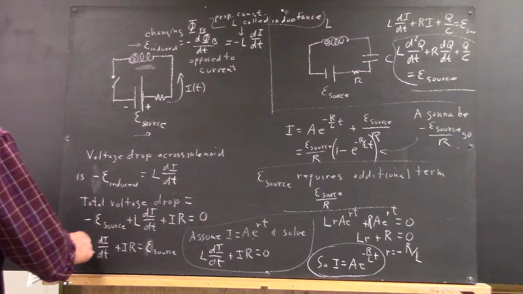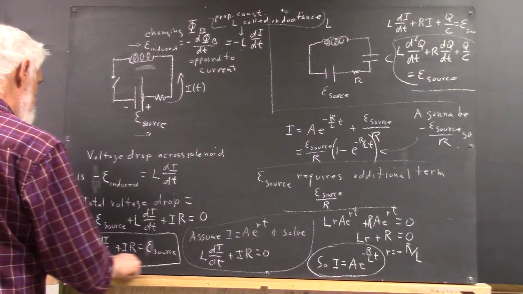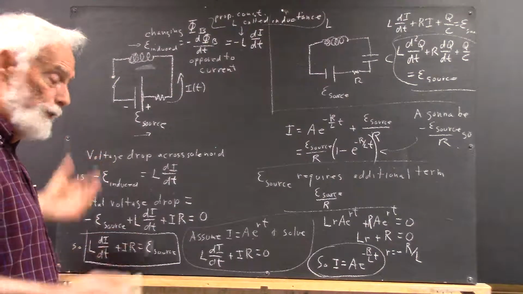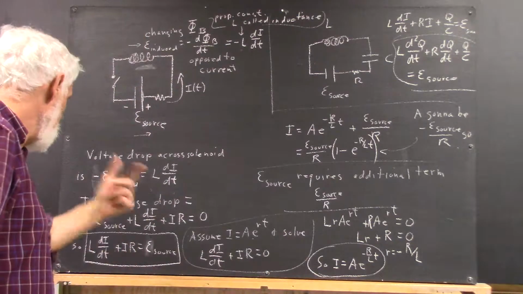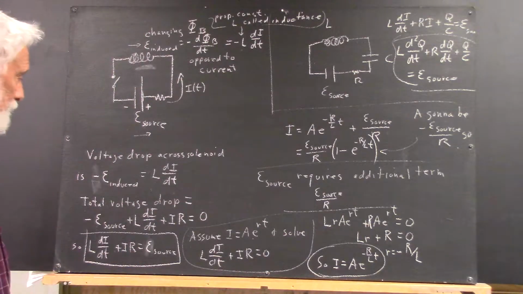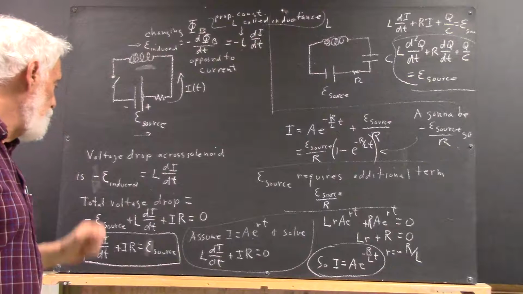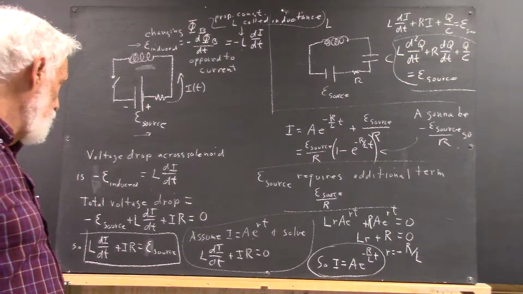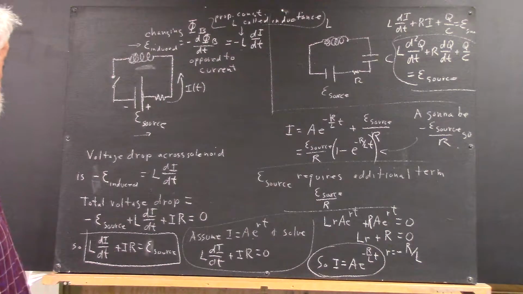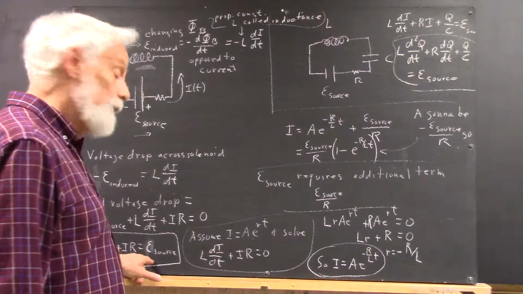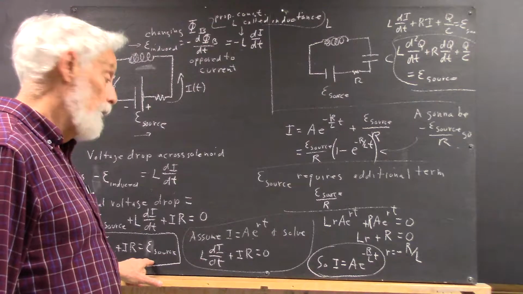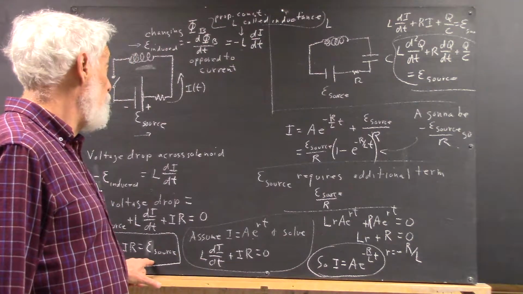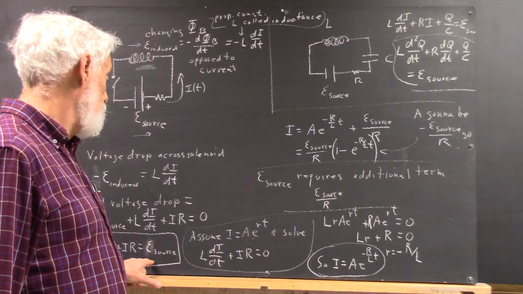That equation governs everything that can happen with this circuit, assuming it's an ideal circuit, the resistance doesn't change with temperature and other various things, and you don't have any breakdown within the inductance or anything like that. This is a simple equation. It's very easy to solve, and I'm going to go into the solution of that equation in the next clip.